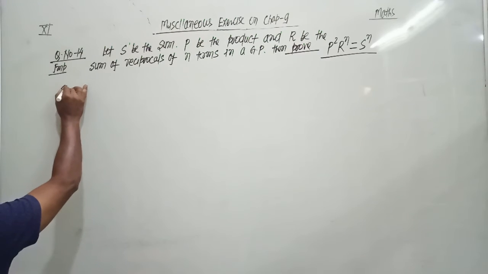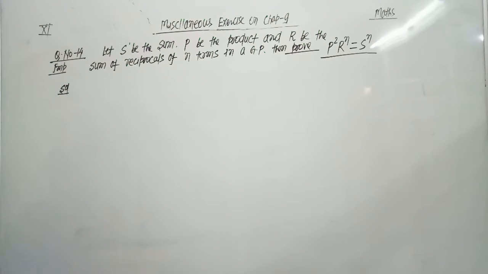So we have been given that S is the sum of n terms, P is the product of n terms and R is the sum of reciprocals of n terms in a GP.